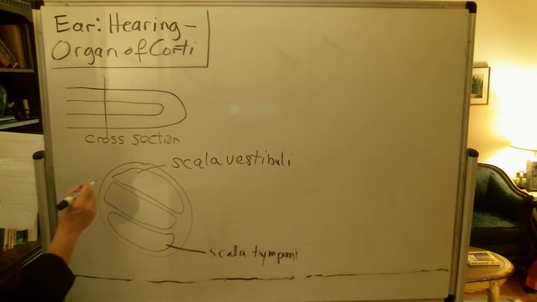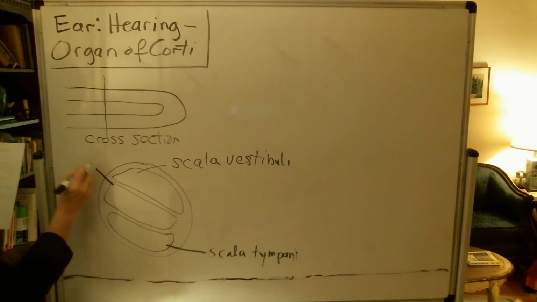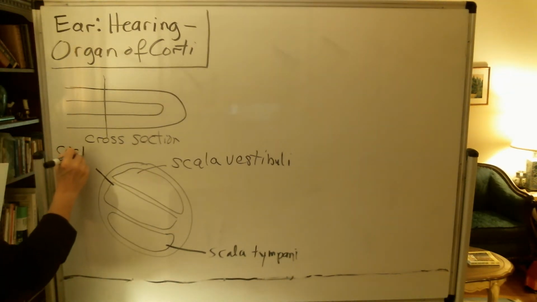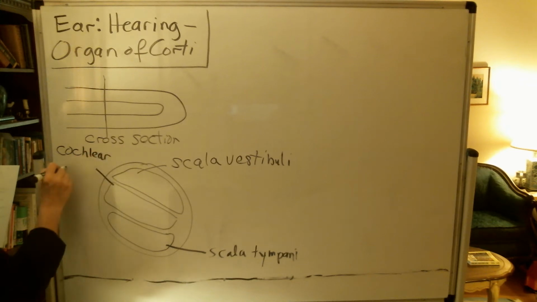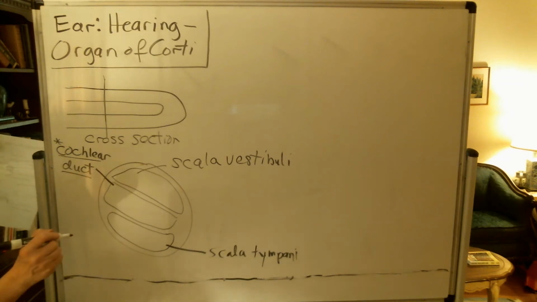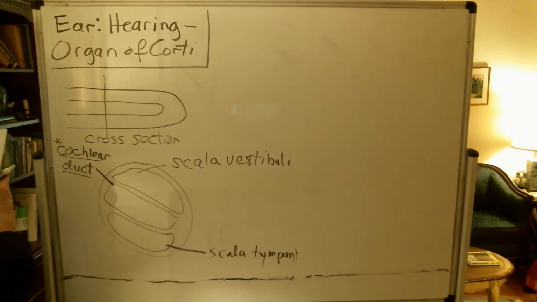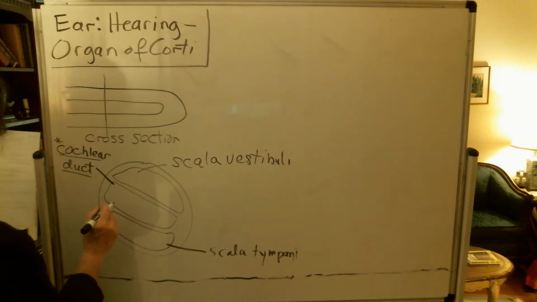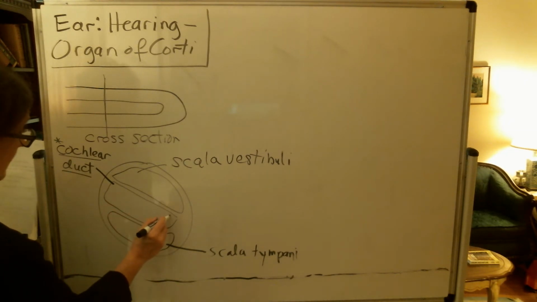So then here is the cochlear duct, and this is the one that we're going to be really concentrating on now, because it is in here that we see a rather interesting little organ.